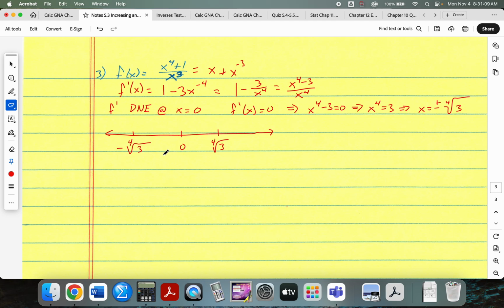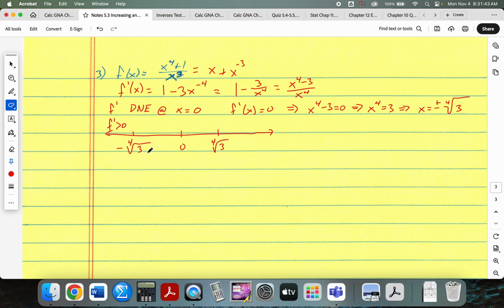All right, so when you're picking values to check, especially on one like this, people are like, oh, I don't know how big the fourth root of 3 is. Well, okay. Then do something silly. Go, okay, I'm going to make x negative 100. Raise that to the fourth power. It's clearly positive. Minus 3, still positive. Denominator positive. F prime positive.